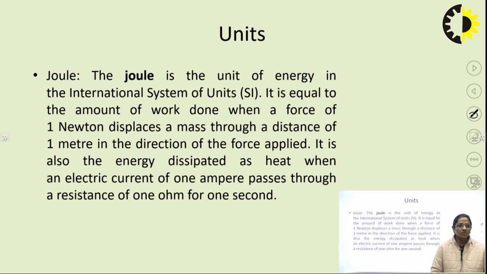It is equal to the amount of work done when a force of 1 Newton displaces a mass through a distance of 1 meter in the direction of the force applied. It is also the energy dissipated as heat when an electric current of 1 ampere passes through a resistance of 1 ohm for 1 second.